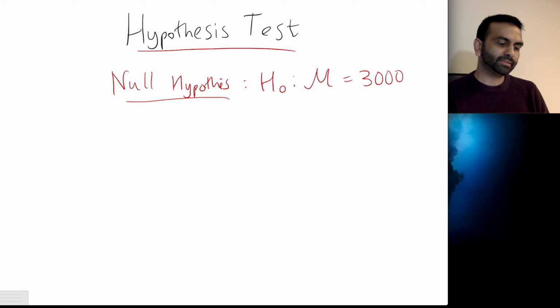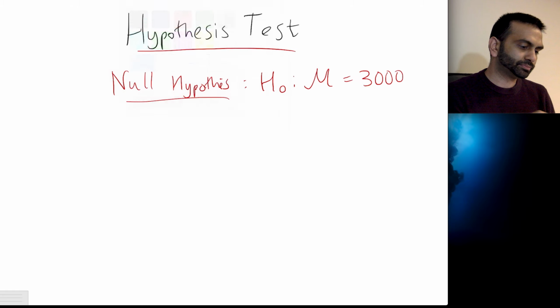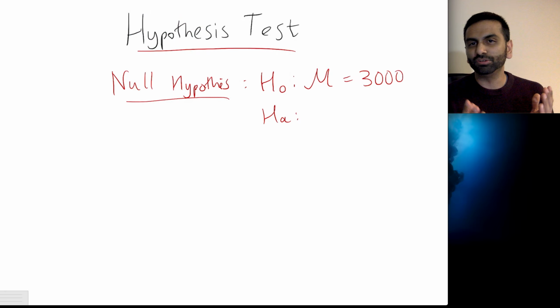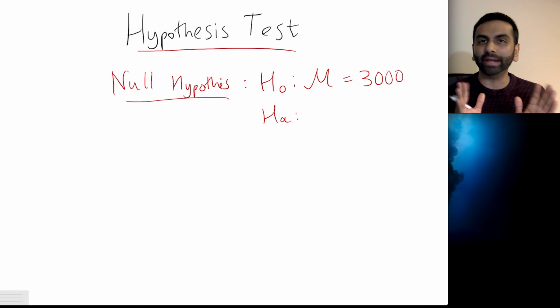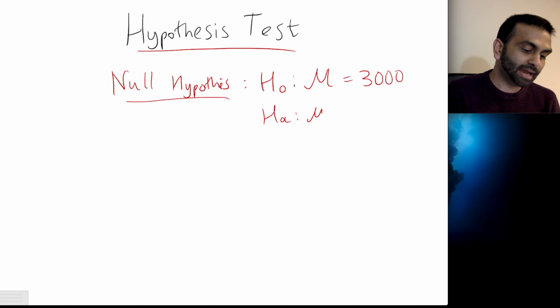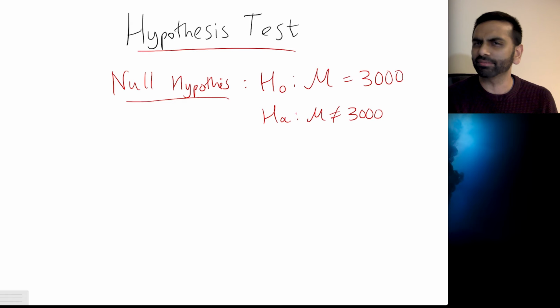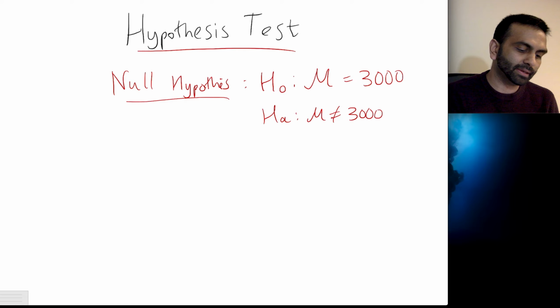And let's say that you have an alternative hypothesis. That's usually either, if you have no prior belief, then you would just say that it's not 3,000. But if you think it's less than 3,000, then your alternative might be that it's less than 3,000.